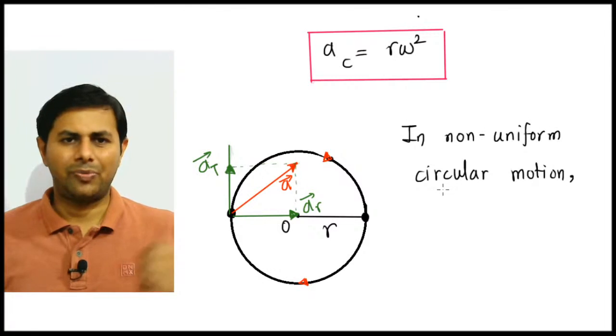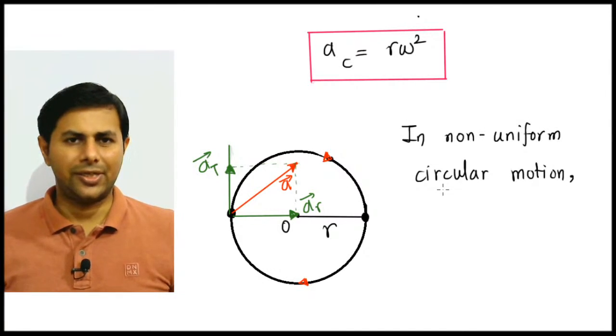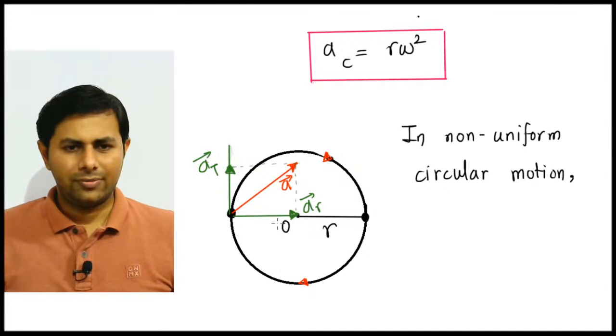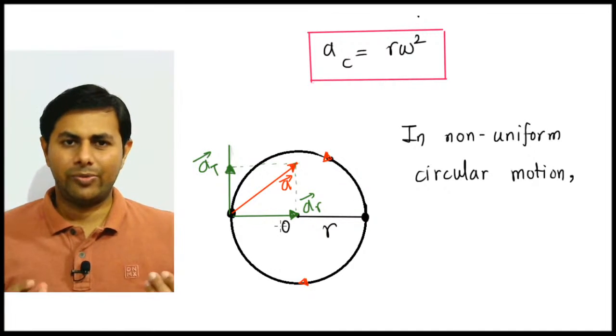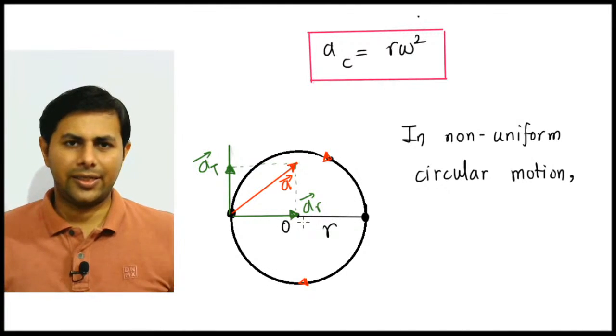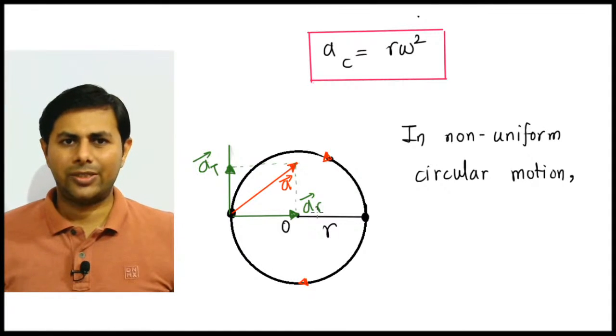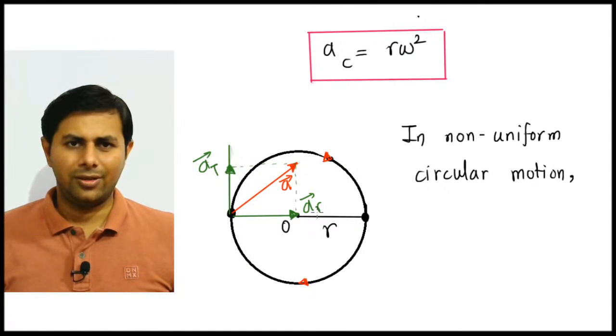Because the particle is moving along the circle, there will always be a change in direction of velocity. So this component of acceleration will be present. a_R bar is there due to the change in direction of velocity, and in circular motion the direction of velocity changes, and that's why a_R bar will always be present. So radial acceleration will always be present in any kind of circular motion, let it be uniform or non-uniform.